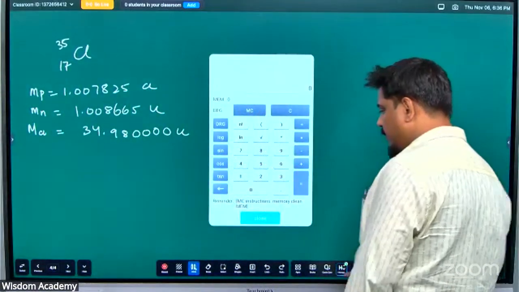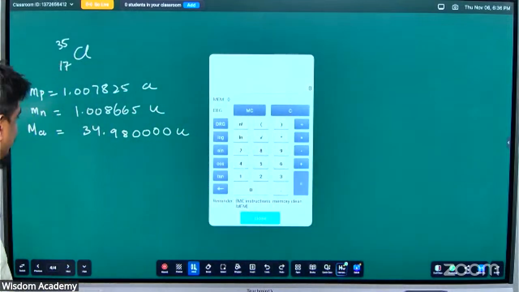So you keep on doing. Parallelly, I will keep on doing my calculation. Just check whether your answer is matching or not.